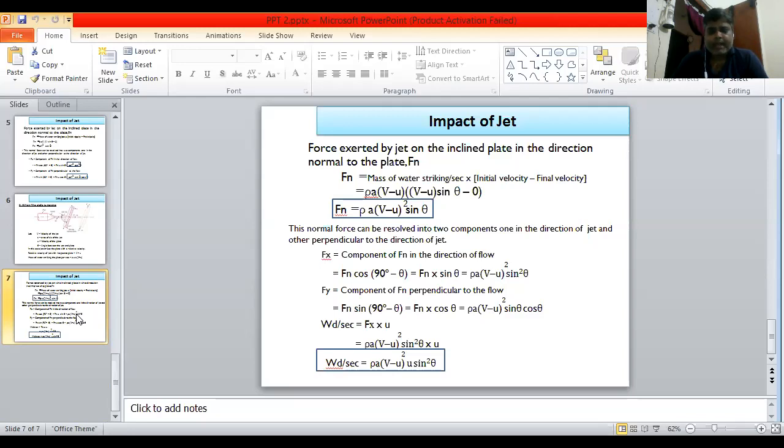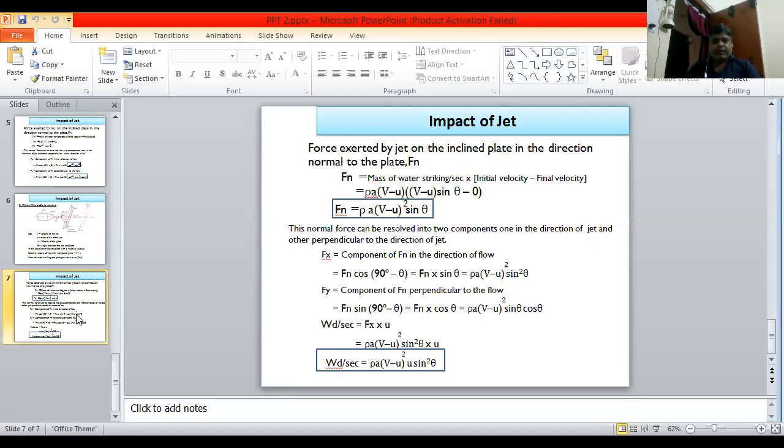Similarly, Fy is equal to the component of Fn perpendicular to the flow, Fn sin (90 minus theta), which is equal to Fn cos theta, which is equal to rho a (v minus u) squared into sin theta into cos theta. Now, the work done per second is Fx into u.